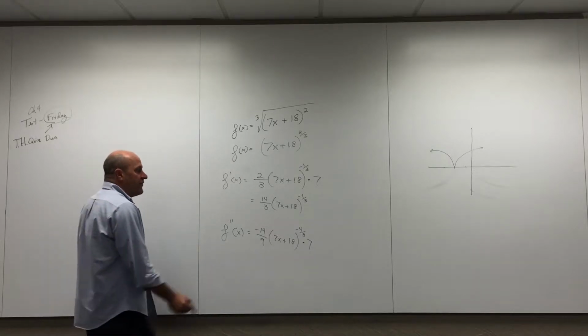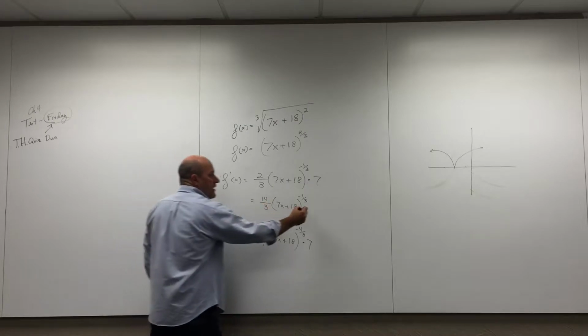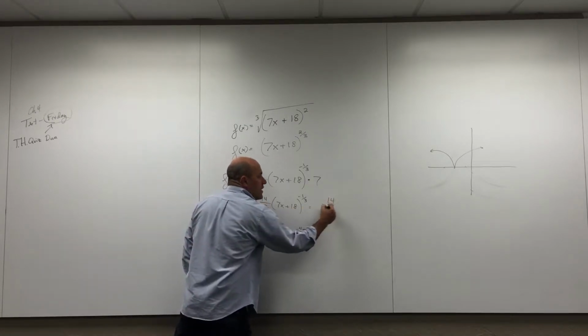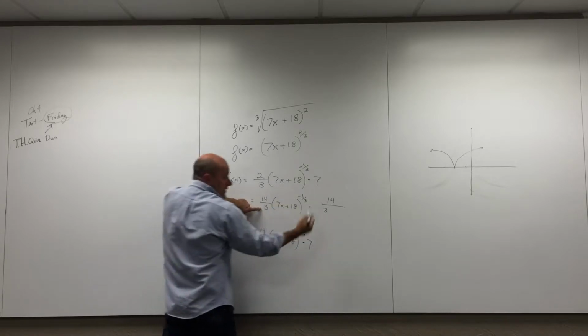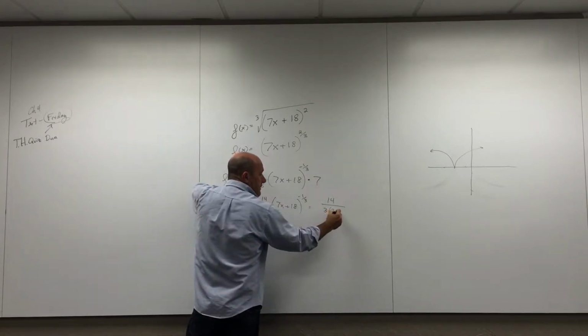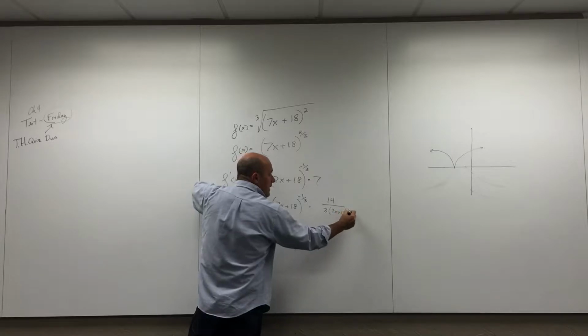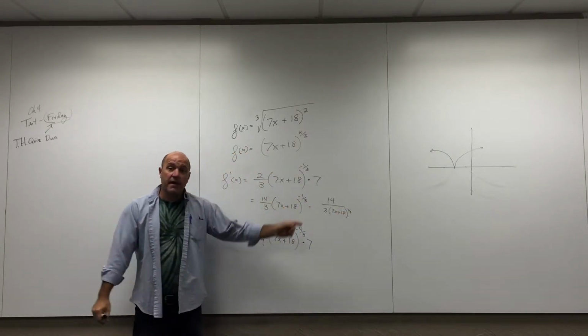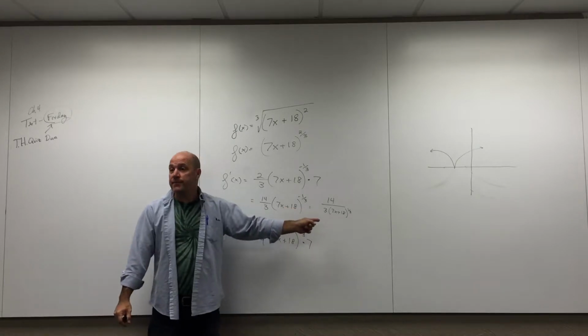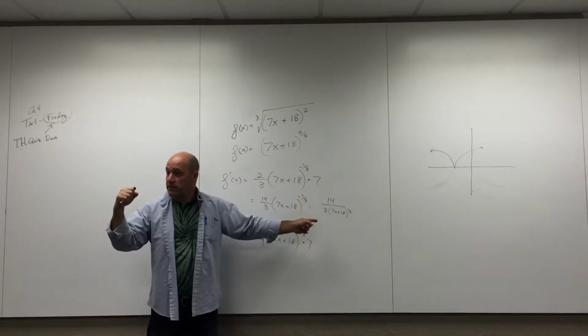And then what you find out, though, when you stare at this first derivative, is it's a 14 over 3, and then this thing is in the denominator. It's a cube root in the denominator. And then the question is, looking for critical numbers, when does this equal 0? No. Never.